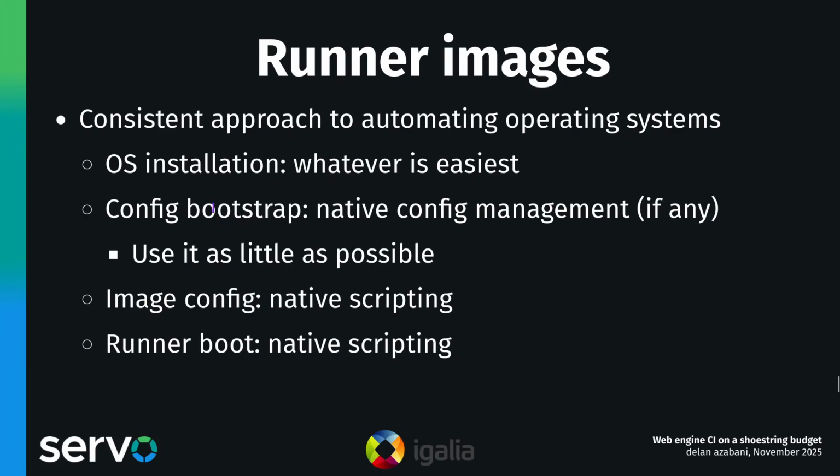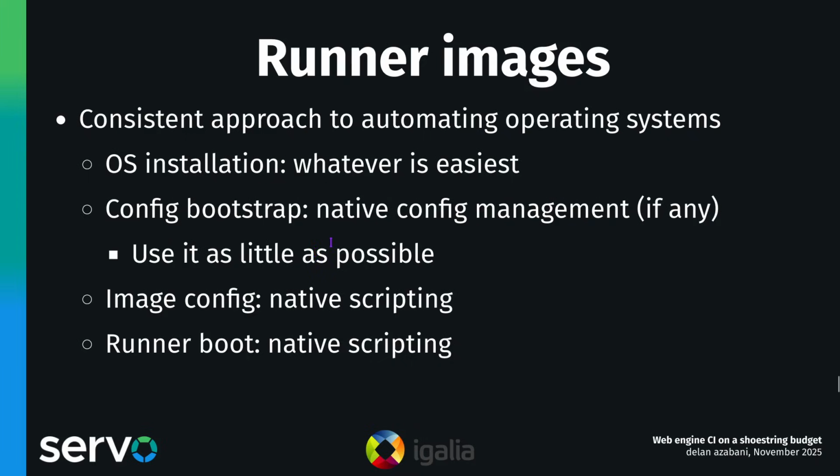But once we've kicked off that process, we then use the native config management as little as possible. And we do this because a lot of the config management tools that are built into these operating systems are quite quirky and annoying, and they are built for needs that we don't have.